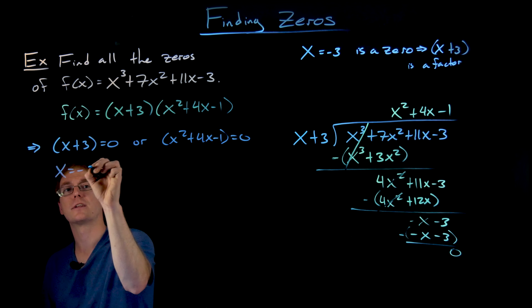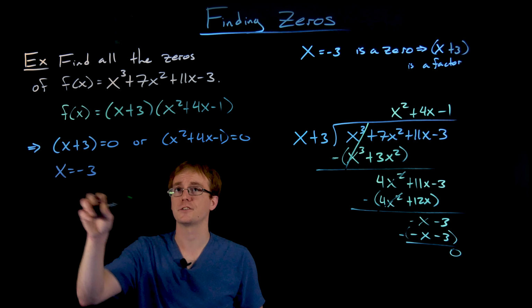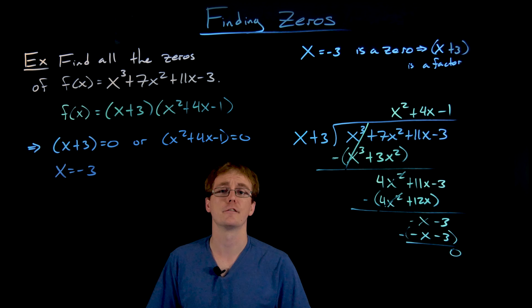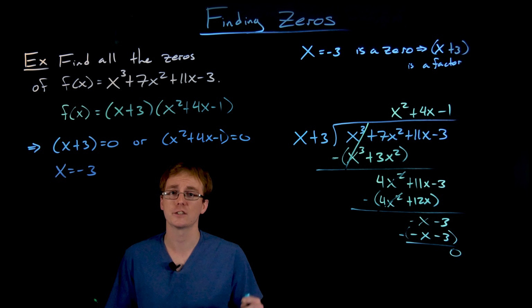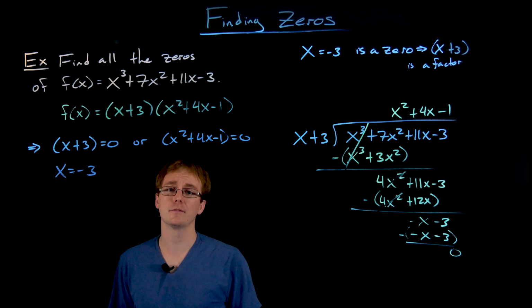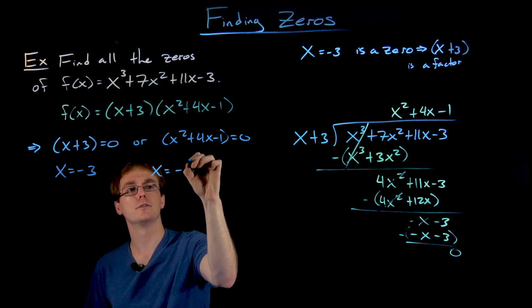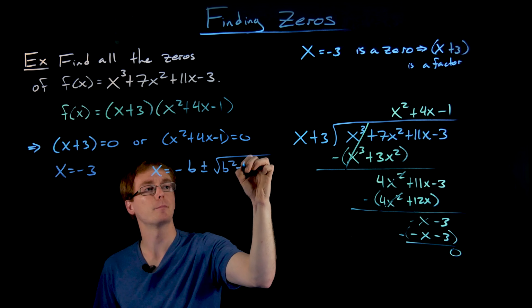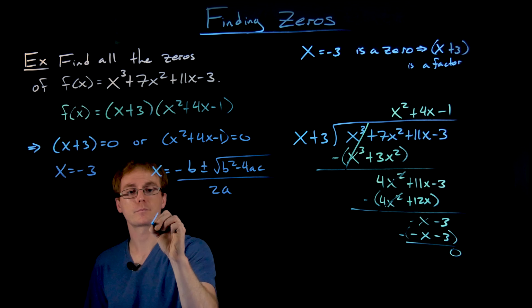We already know what happens for that first factor. It gives us the solution that we got from the rational zero theorem, x equals negative 3. But now we need to solve this quadratic equation to find the remaining solutions. And I mentioned before, we could try to factor this, but we would have no luck. So in order to solve this quadratic equation, we're going to have to use our quadratic formula. Right? x is equal to negative b plus or minus the square root of b squared minus 4ac all over 2a.